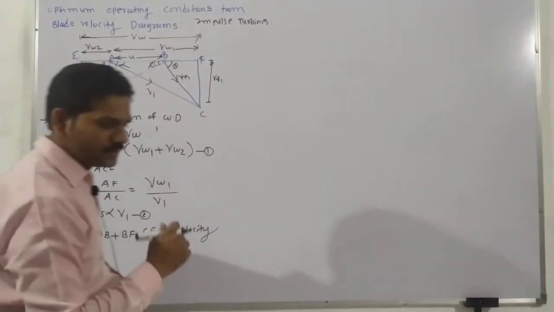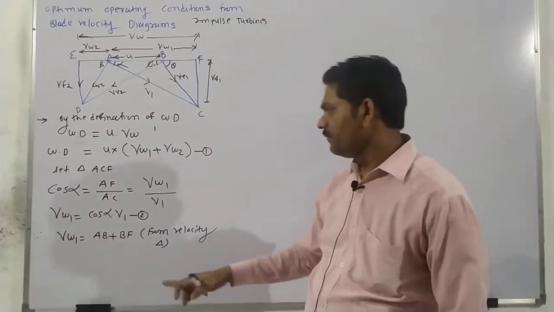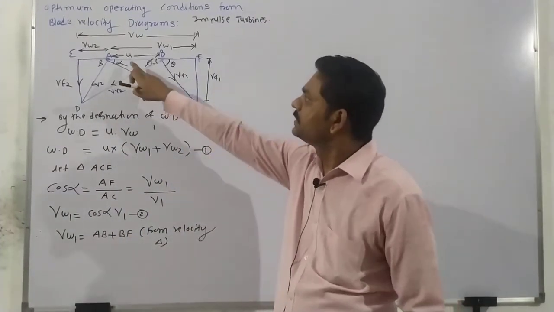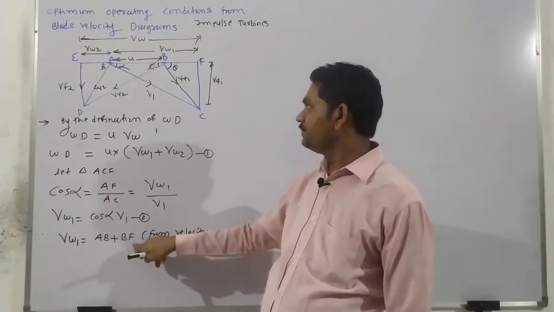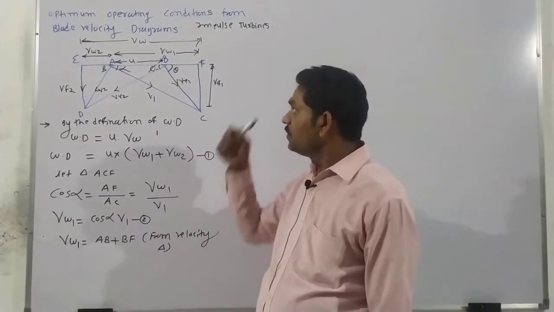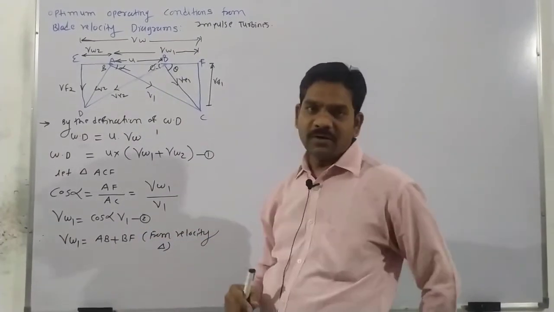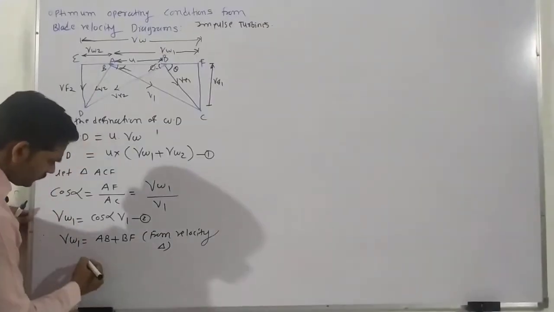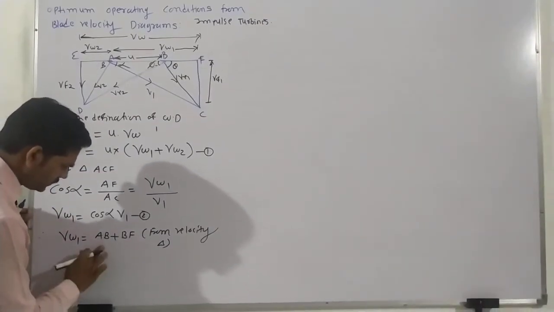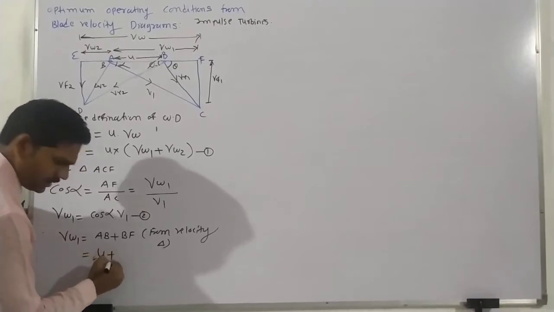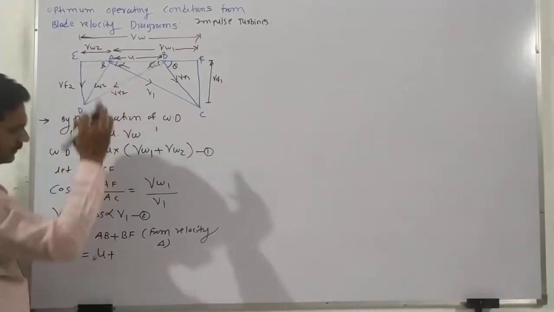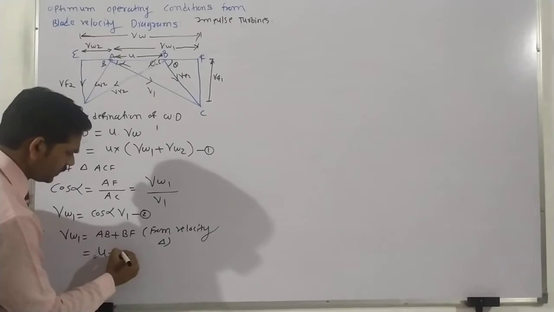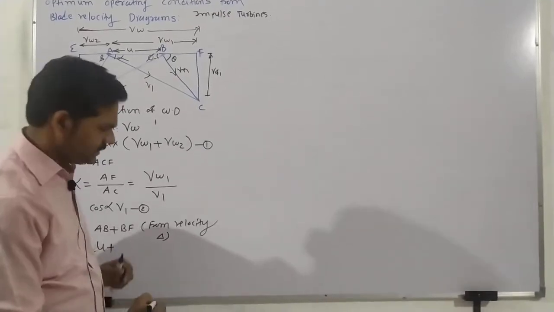We know the value of AB: AB is U. But what is the value of BF? How can we determine this BF?